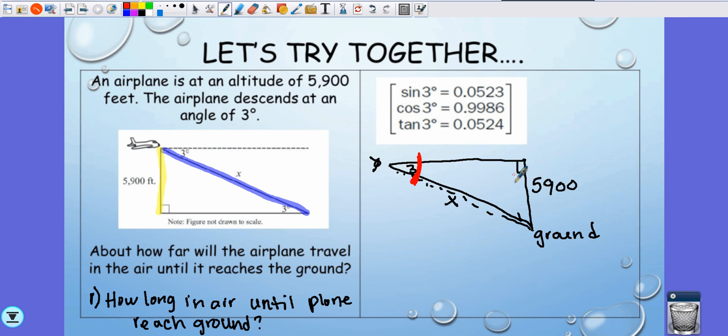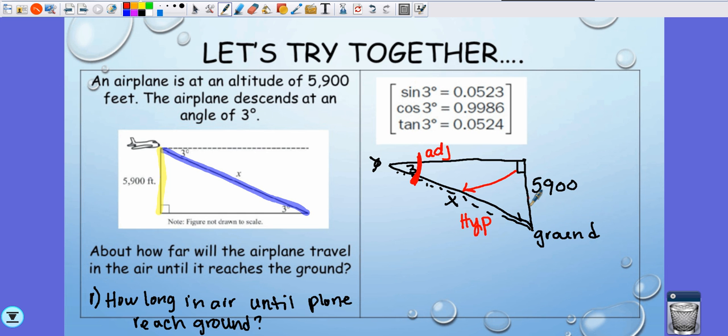Remember, when we're labeling a right triangle, the side across from the right angle is going to be our hypotenuse. From the angle they gave you, you're always going to be touching the hypotenuse and the adjacent. So this side right here is the adjacent, right next to the angle. The side that's not the hypotenuse is always going to be the adjacent.